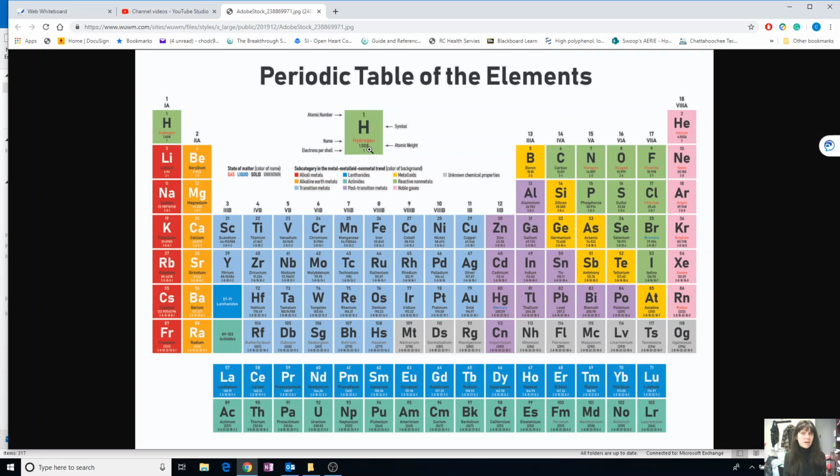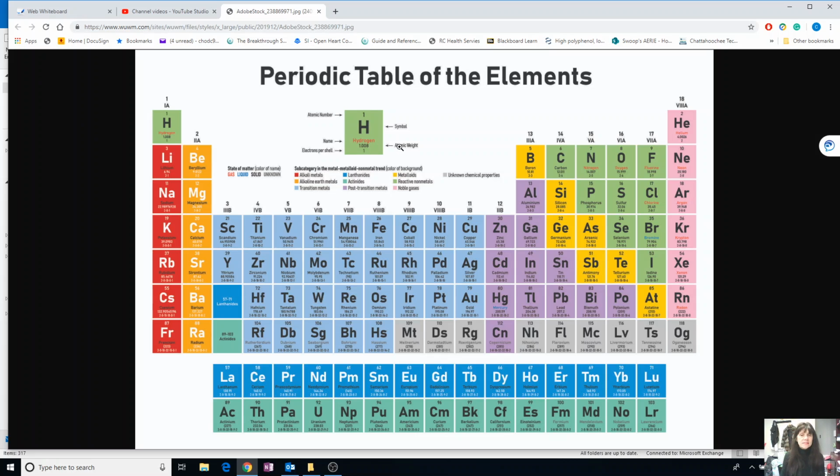Atoms with varying numbers of neutrons are isotopes. Normally when we look at interactions, because we're dealing with protons and electrons, we don't consider the neutrons very often until we get to radioactive isotopes. That's going above and beyond what we're discussing for our course.